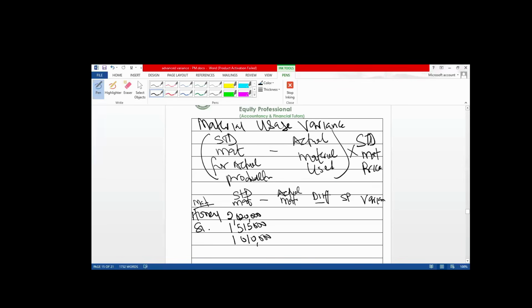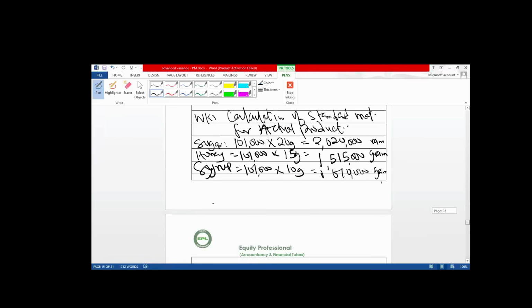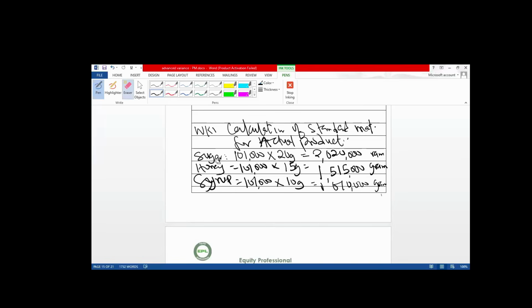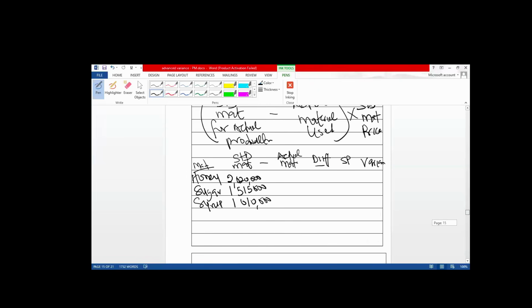Honey, sugar, syrup. I'll just change this. Honey, sugar. Thanks. You have gotten standard material for actual production.